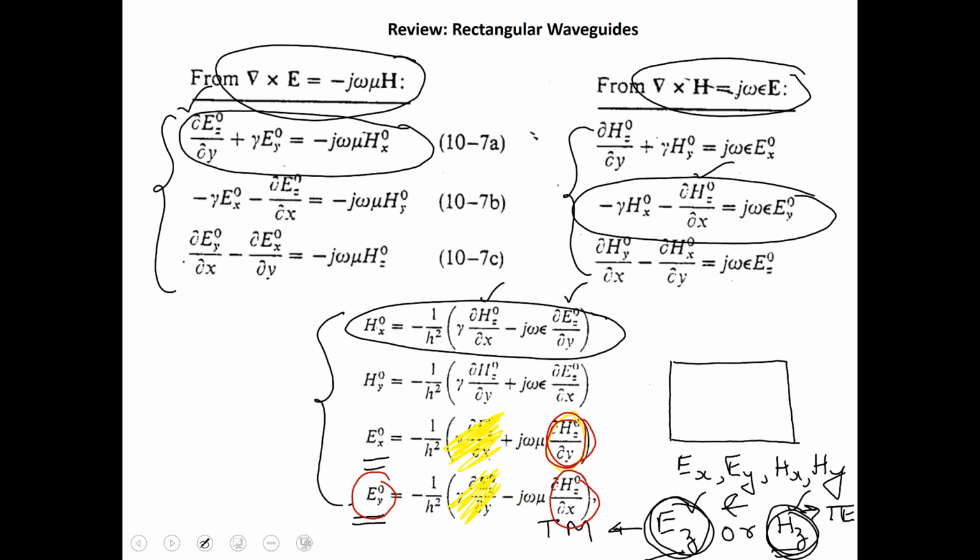But Ex has to be zero at the boundary, which tells you that the derivative of the magnetic field has to be zero at the boundary. So I can't tell anything about the value the magnetic field will take, but because these fields depend upon the magnetic field and have to be zero at the conducting boundaries, I can tell what the derivative of the field is going to do.